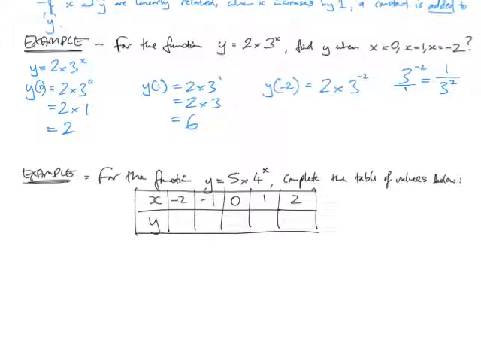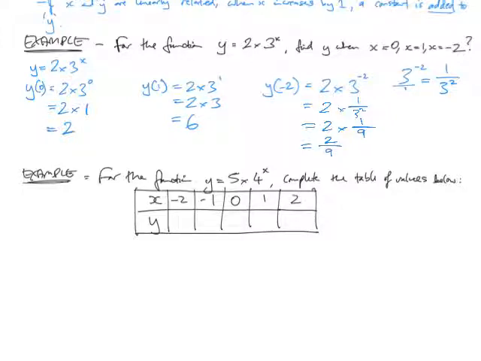And then the power 2 indicates that the number on the bottom is squared. So translating that, 2 times by 1 over 3 squared. 1 over 3 squared is 1/9, so that's going to be 2 over 9.